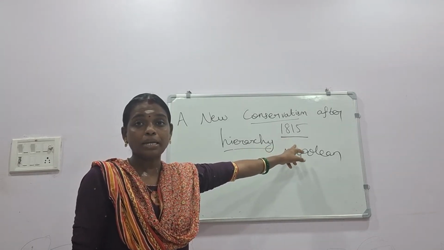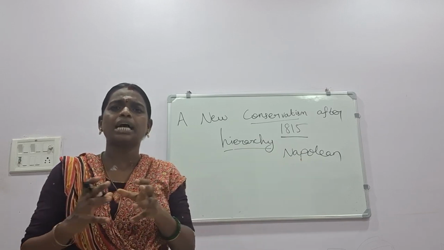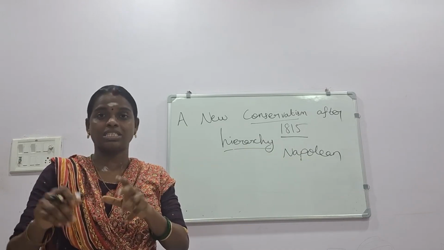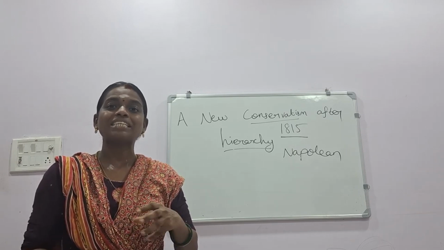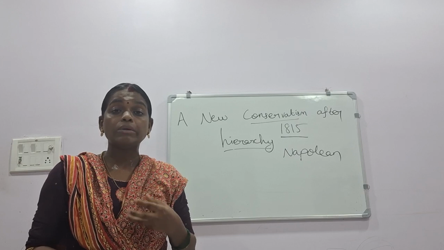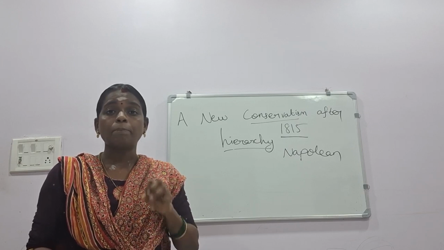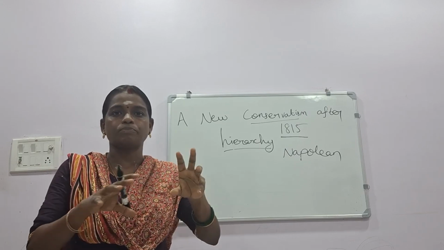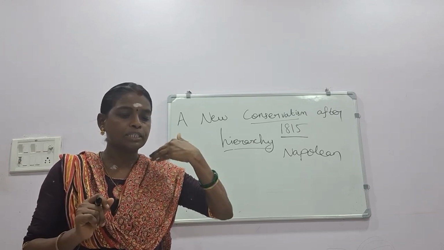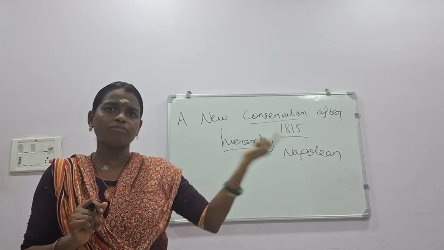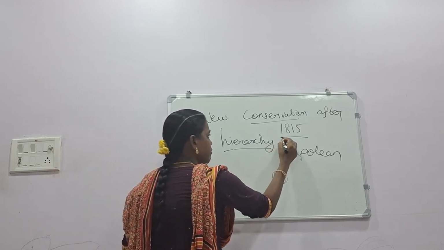So when Napoleon was defeated in 1815, automatically the rule got into the hands of the conservatists. So those who believe in and follow conservatism took control over the country to rule, especially after the defeat of Napoleon in 1815.